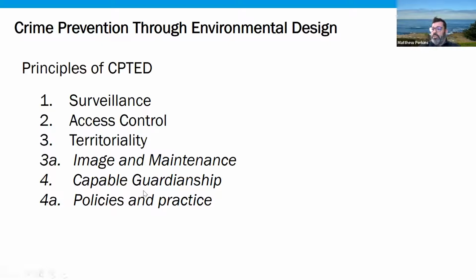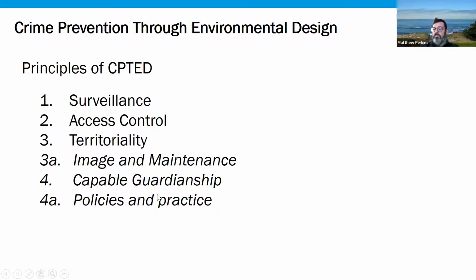I've added a couple which I find to be just as important. Image and maintenance, which really goes along with territoriality, but keeping in mind that everything that you see in an area contributes to the impressions that users are getting of the space. Capable guardianship, trying to present the message that somebody is in charge of a place and that a place is being watched by the community.